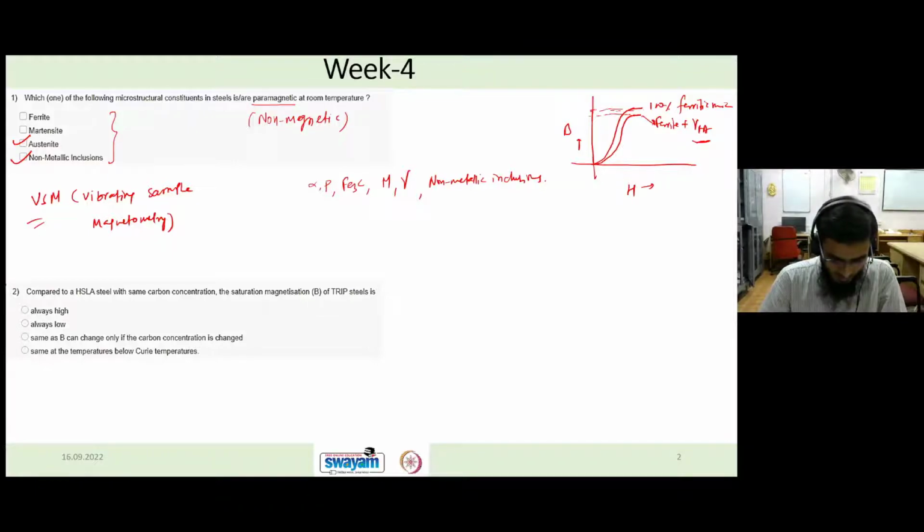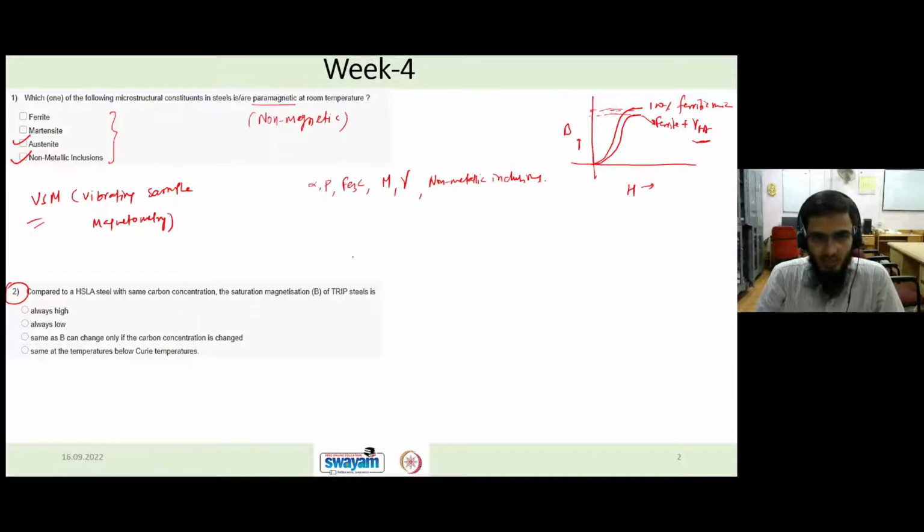Now I request you to read question number 2 and tell the correct answer. This is question number 2, which you can read on your screen. Compared to HSLA steel with the same carbon concentration, the saturation magnetization of TRIP steel is... I have just explained what will happen if your microstructural constituents differ from one to another.